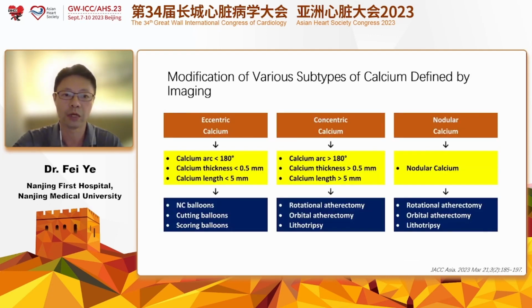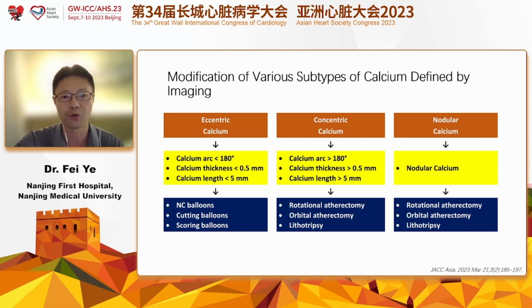But how to deal with this problem? The modification of various subtypes of calcium defined by imaging. In 2023, there is a recommendation for the different calcium in patients with ACS, especially for culprit lesions. If the eccentric calcium with arc less than 180, which means the OCT CBI score was lower than 4, we can use only an NC balloon, cutting balloon, or scoring balloon to treat it.